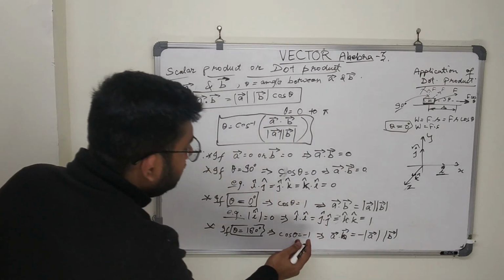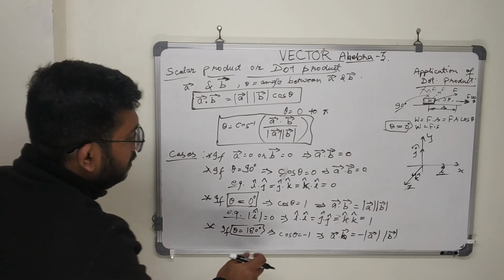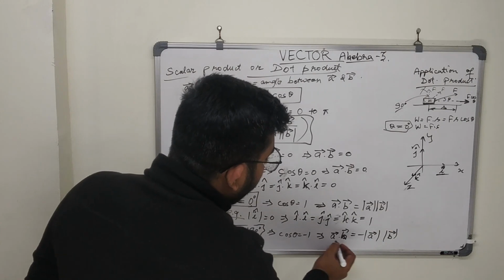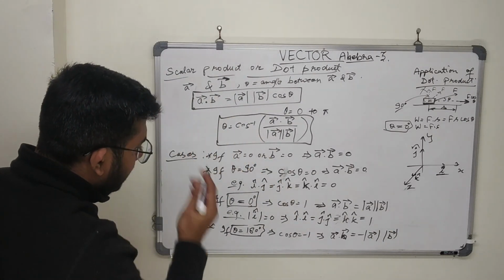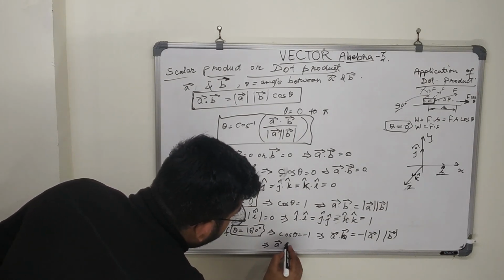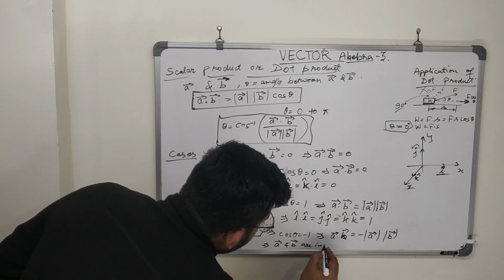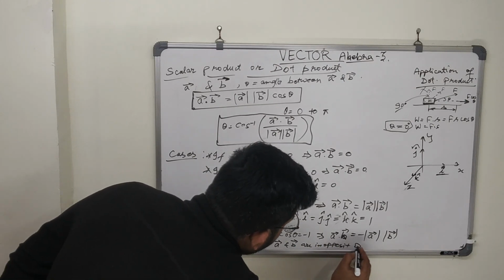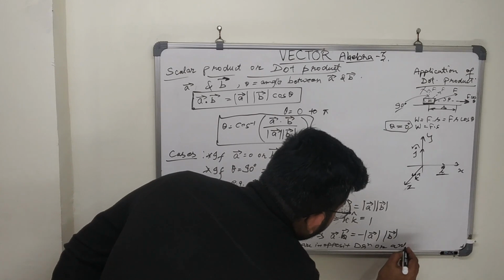Because cos theta is equal to -1 in case of theta 180 degree, the dot product of A vector and B vector will be of minus sign. In this case, you can say that A vector and B vector are in opposite direction, or anti-parallel you can also say.